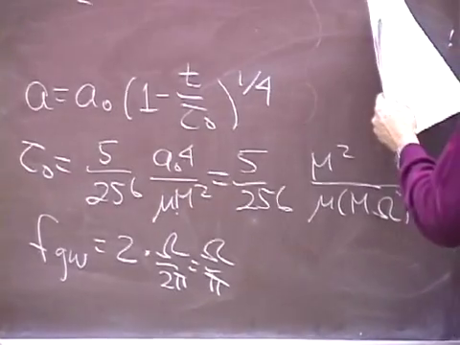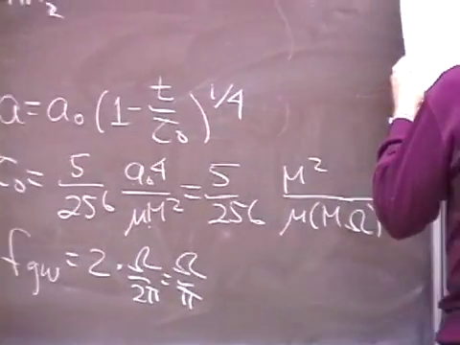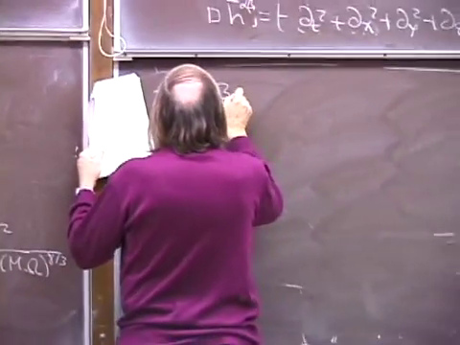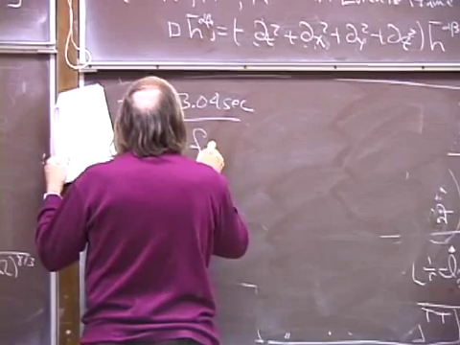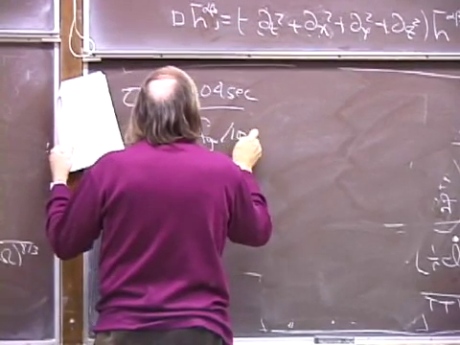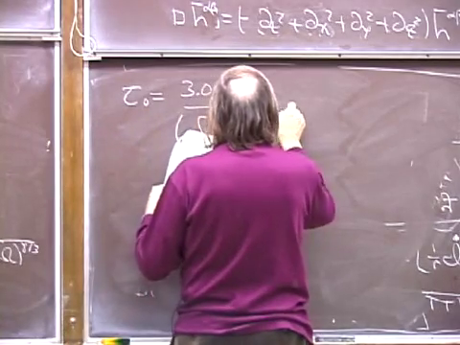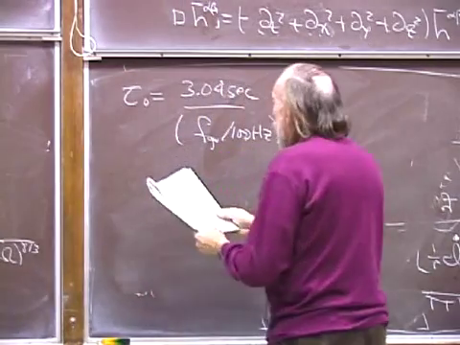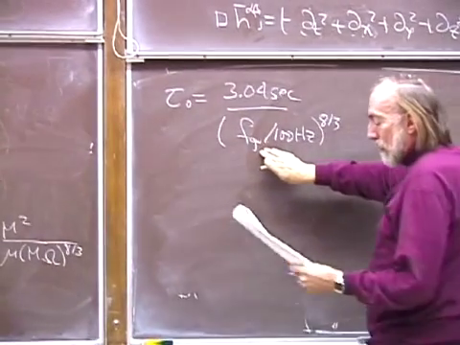So you wind up using some numbers relevant for LIGO, you get about 3.04 seconds divided by the gravitational wave frequency in units of 100 hertz to the 8/3 power. 100 hertz is the frequency at which LIGO has its best sensitivity.